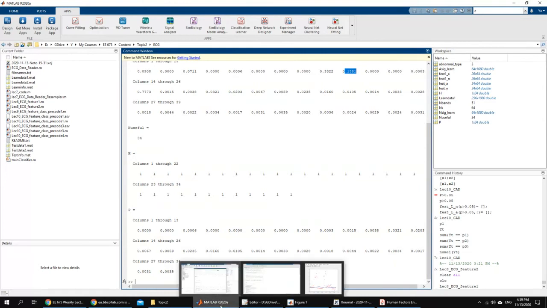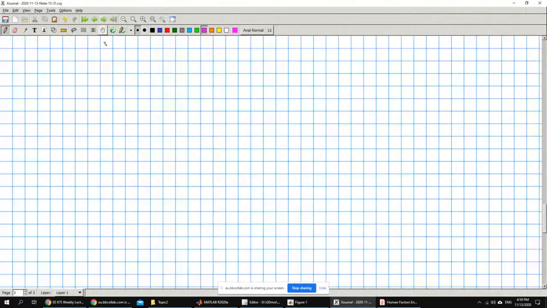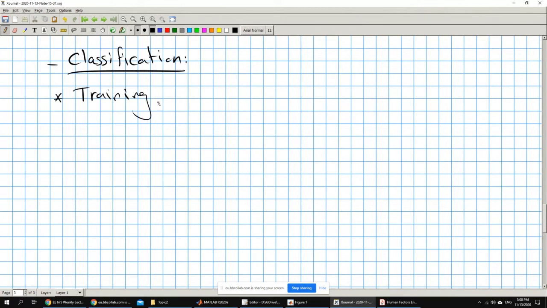What we need to do now is classification. What do we need to get started with classification? We have 2 phases in the classifier operation. First, we have the training phase.